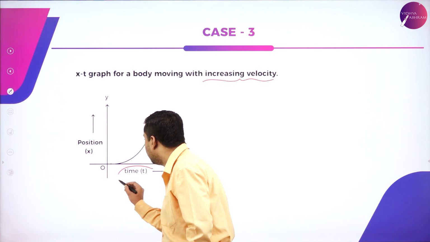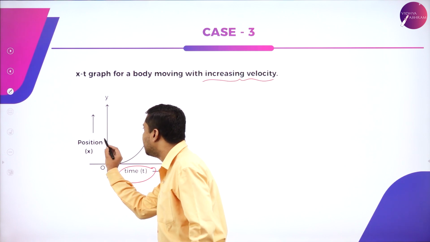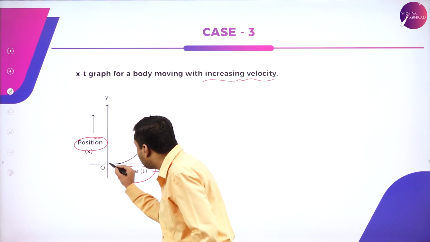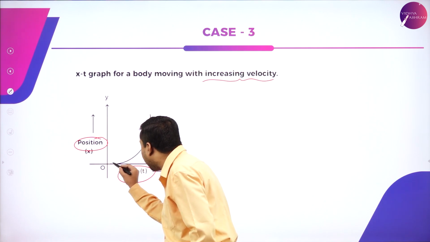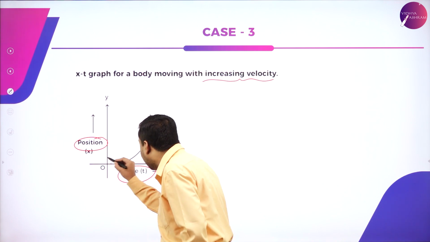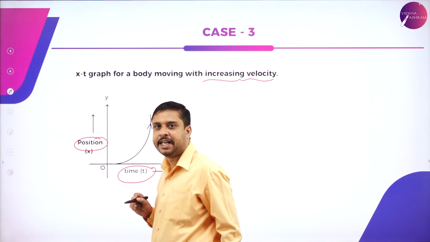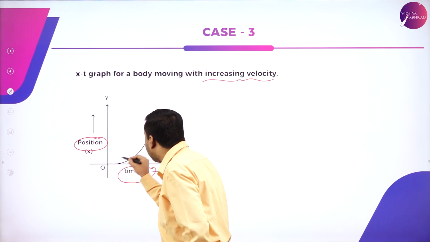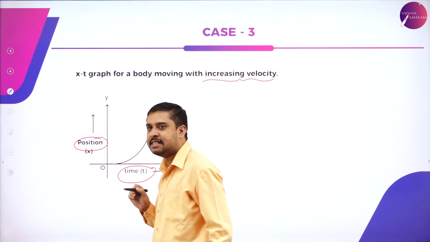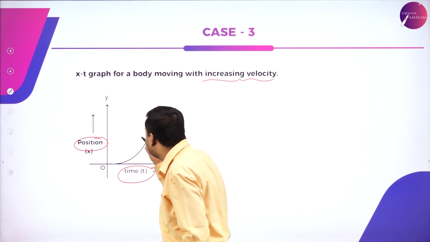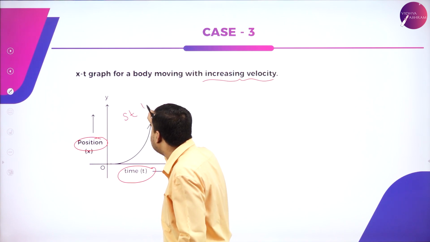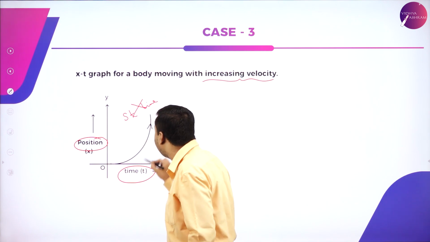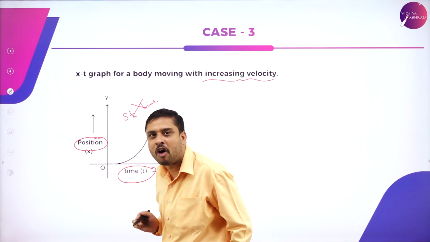See again, time along the x-axis, position along the y-axis. Now slowly from the origin, as time is increasing, the position of the body also increases, and this increase is not a straight line because this is not a uniform increase in velocity.